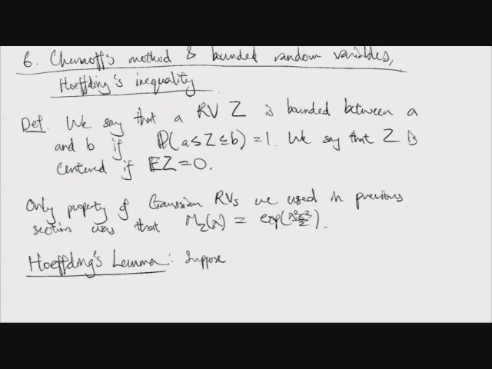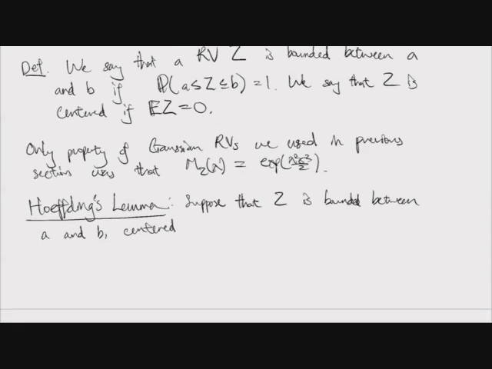So what does it say? Suppose that Z is bounded between a and b, and that Z is centered, so mean 0.